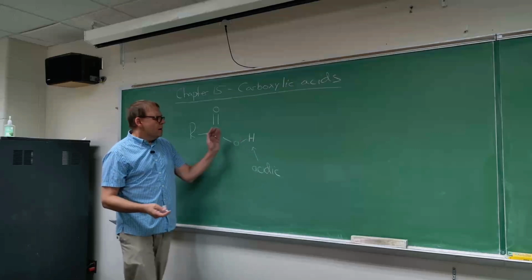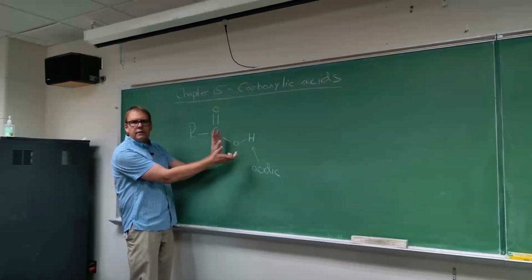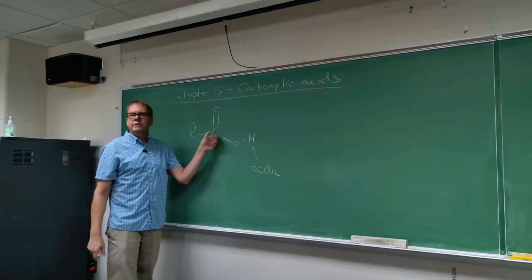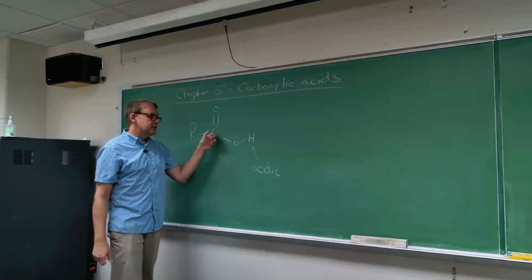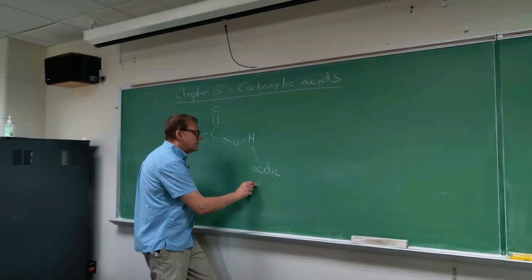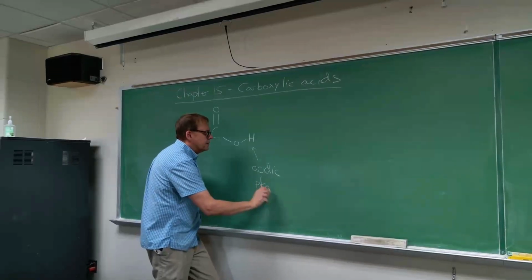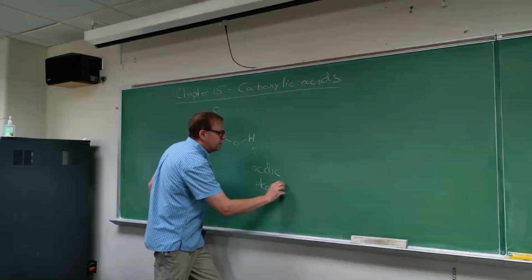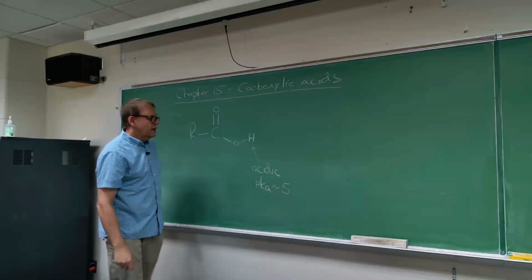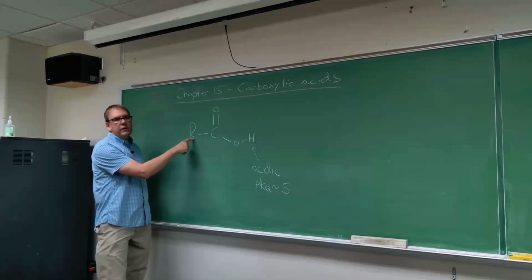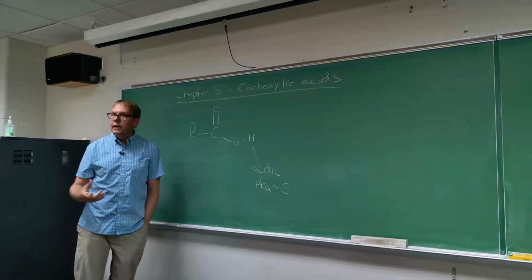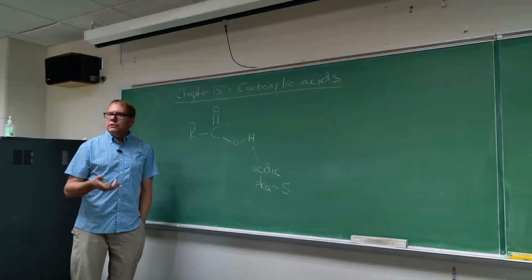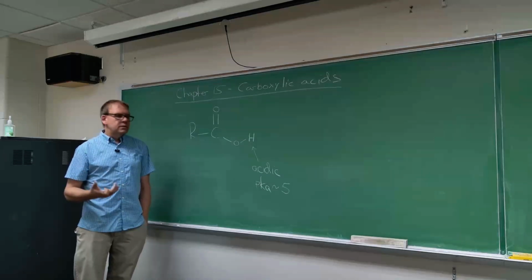If you just look at the right side of it, it kind of looks like an alcohol, but connecting it to a carbonyl makes a carboxylic acid, which is a lot more acidic. The pKa values depend a lot on what R is, but I'm going to say they're about 5 for a generic carboxylic acid with an alkyl group here. So that's pretty acidic. Most other OHs and NHs and CHs are a lot less acidic.